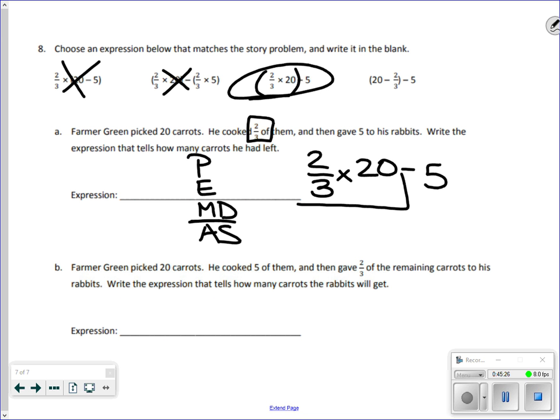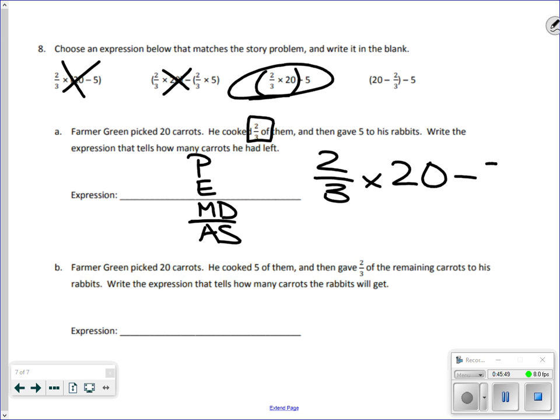Now, if I had 20 minus 5, yes, I would do that first. But I'm not doing 2/3 of 20 minus 5. I'm doing 2/3 of 20 because there's no parentheses. I would do 2/3 of the 20 minus 5 because of my order of operations.